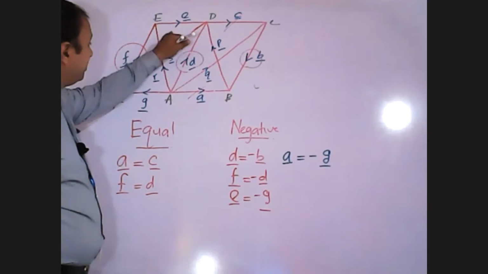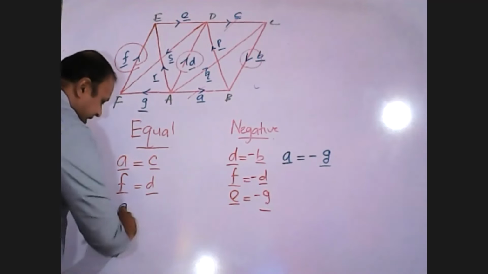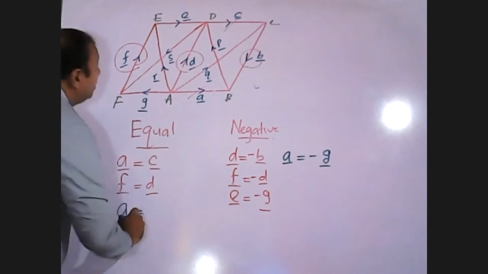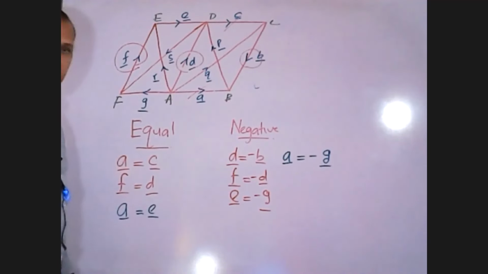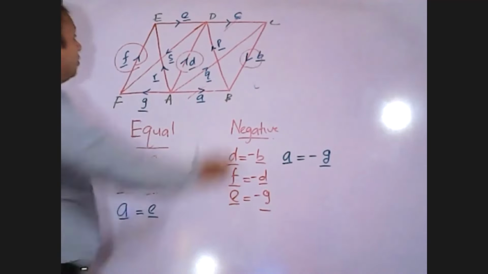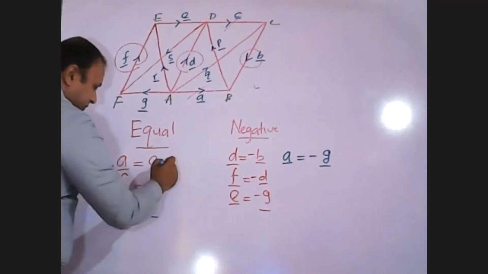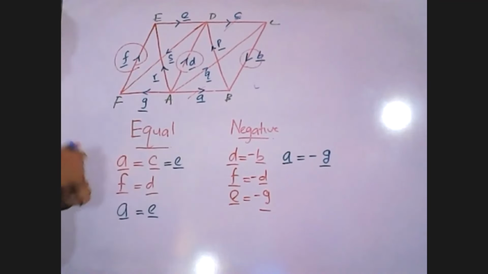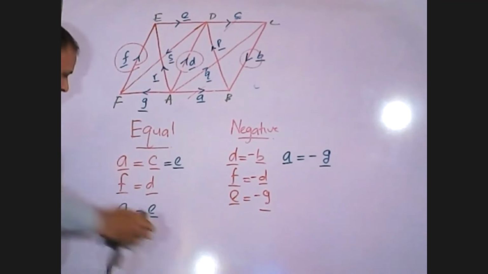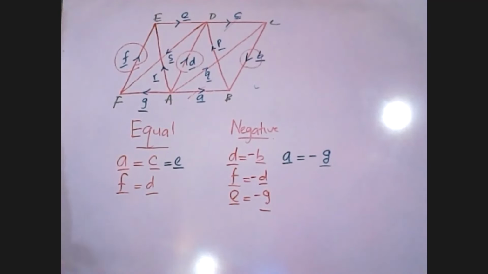Therefore, A should be equal to E. And you know, A is equal to C. Therefore, I can write this one is equal to E.